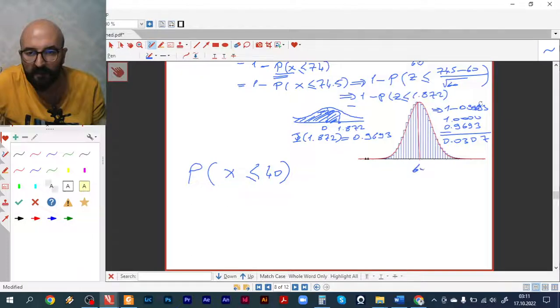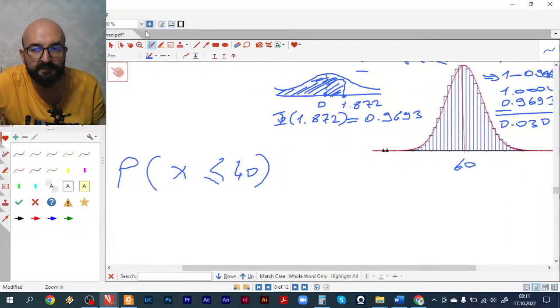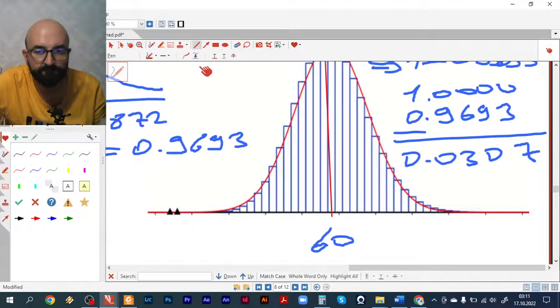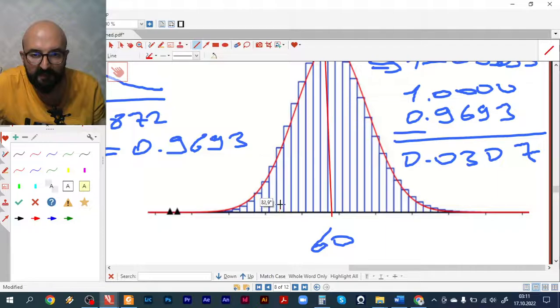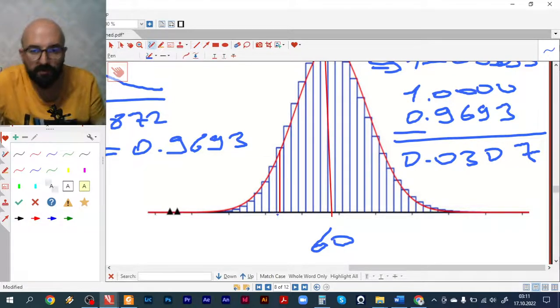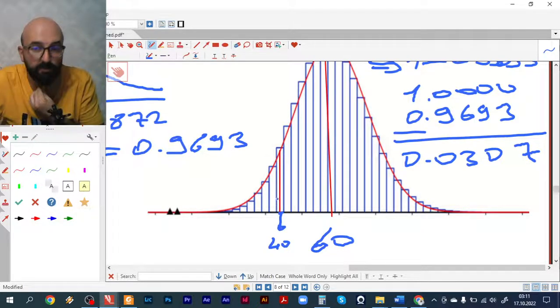And 40 is like here, the middle of this rectangle. For the Poisson distribution, this point is 40. But if you want to use the normal distribution, you should use the boundaries of this rectangle.